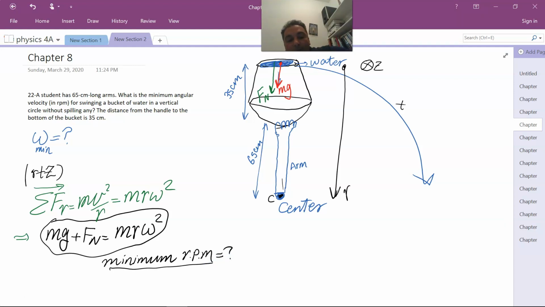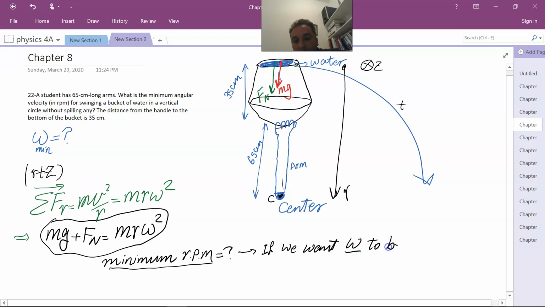If we want omega to be the minimum number, this tells me that Fn must be what? 0. By math, this is so, but by physics it is this.